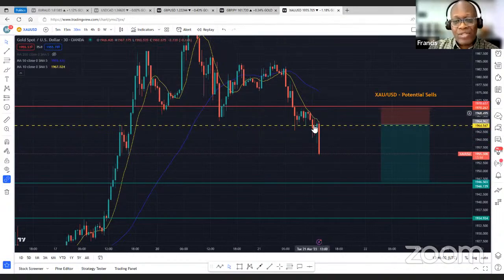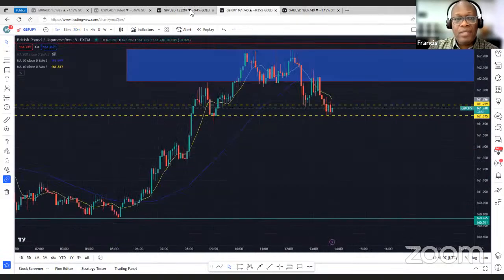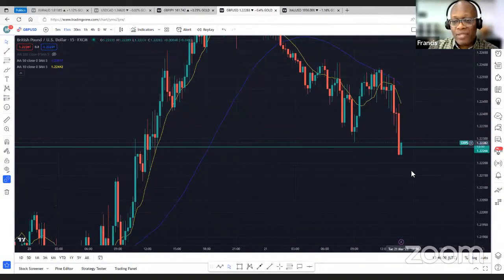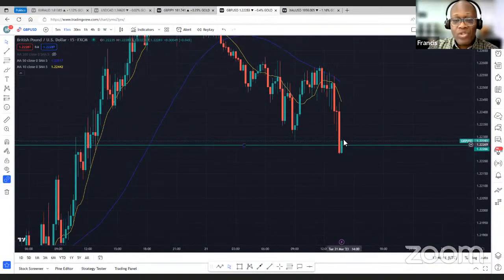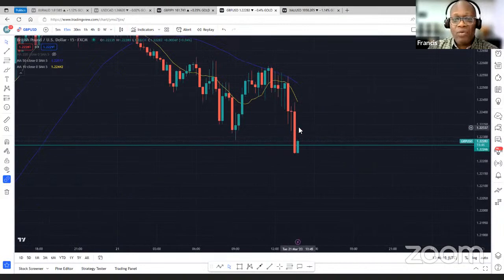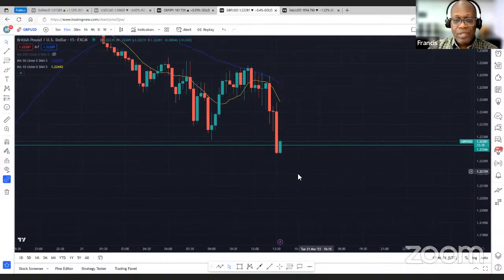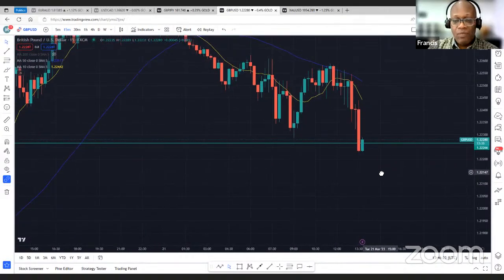So you can see gold now has dropped, and GU as well has dropped. So what are we going to do with this now? This is a good one. We've not missed it. We're going to wait for it to pull back up slightly and we would enter. We don't have to wait for it to come back here. So let's just wait for this now.